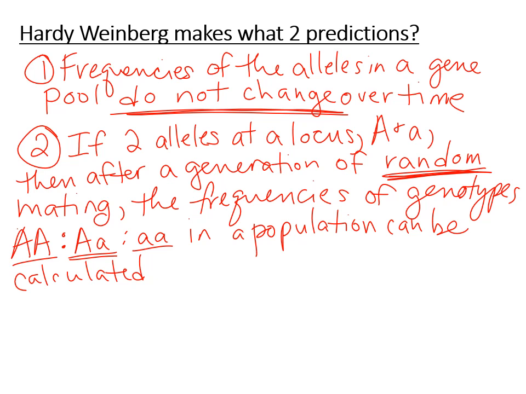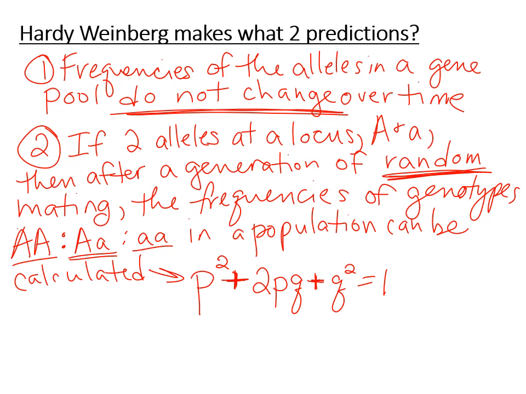With the Hardy-Weinberg equation. Okay, and the equation is p squared plus 2pq plus q squared should equal 1. And there are a few things that you have to understand when you look at this equation, okay?